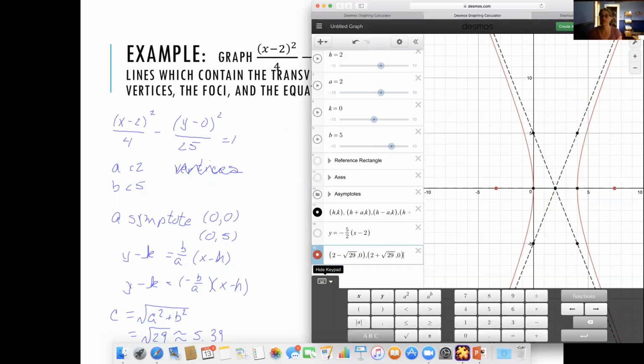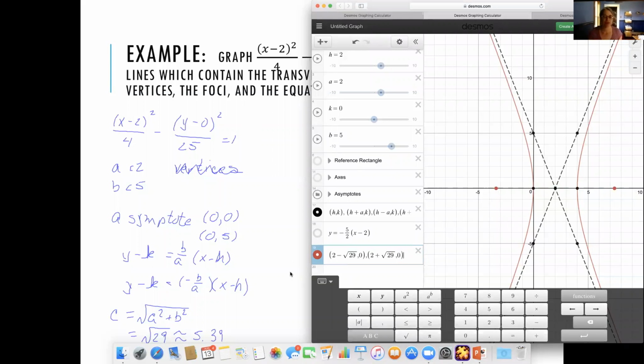And there are our foci. Interestingly enough, if you're standing in any sort of a hyperbolic chamber, that focus point is going to act as an acoustic point, pretty much just exactly like the focus point for a parabola.